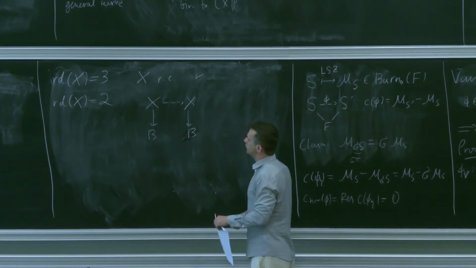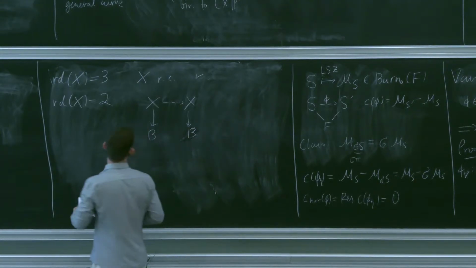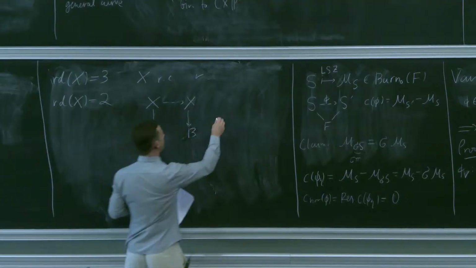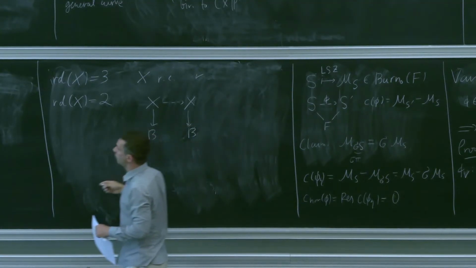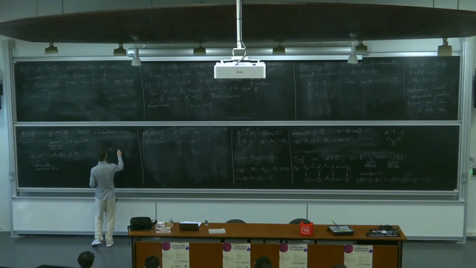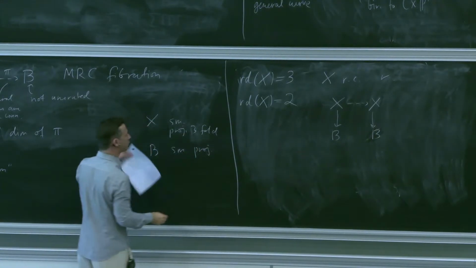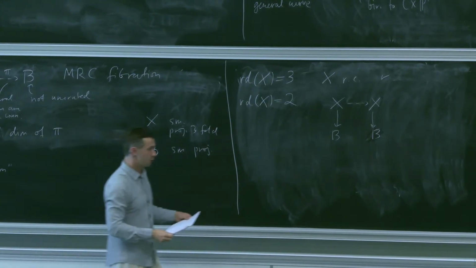So at this point, I can replace X by any birational representative. In particular, I can assume, and this is what I'll be doing in the proof, that X is a smooth projective threefold, and that B is also smooth and projective. We are over C, so we can definitely resolve all the singularities we want.